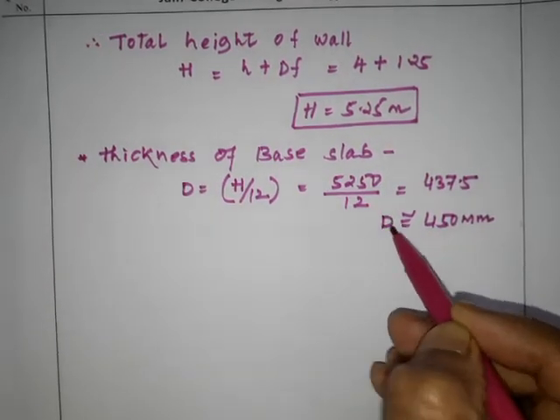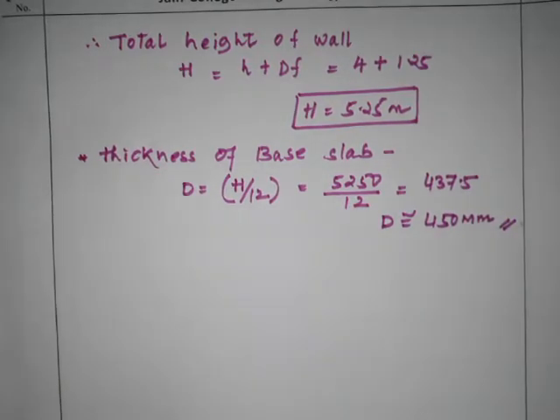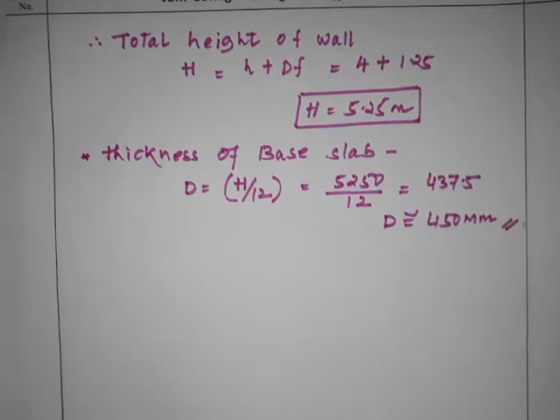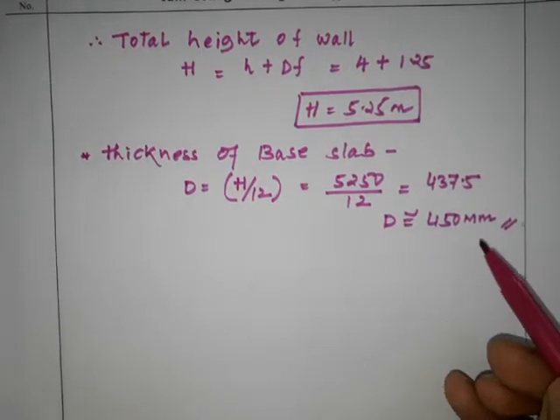So we got the depth of base slab. As I told you, there are basic components for retaining wall. The vertical wall we call it as, that is stem, and below that where stem supports, that is called as base slab, which divides into two parts, that is heel and toe. Okay, so the depth of base slab is 450 mm.